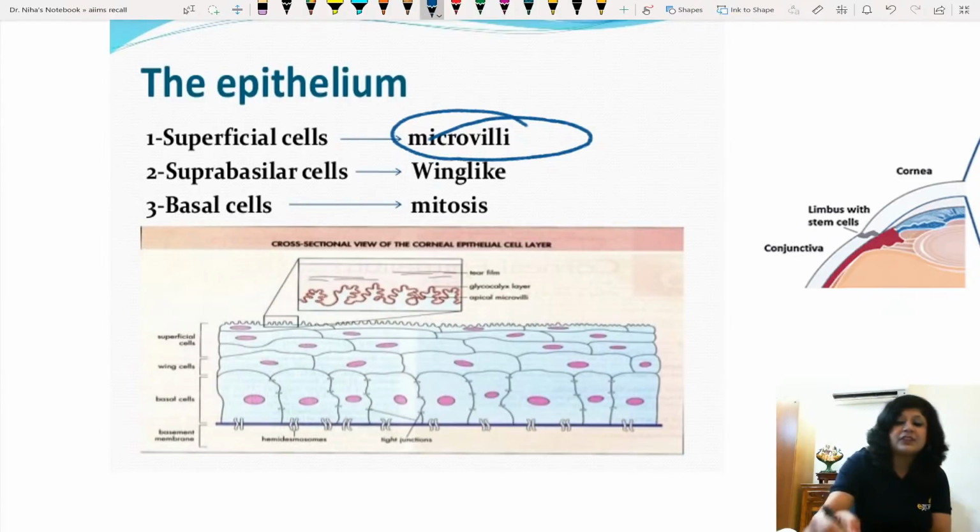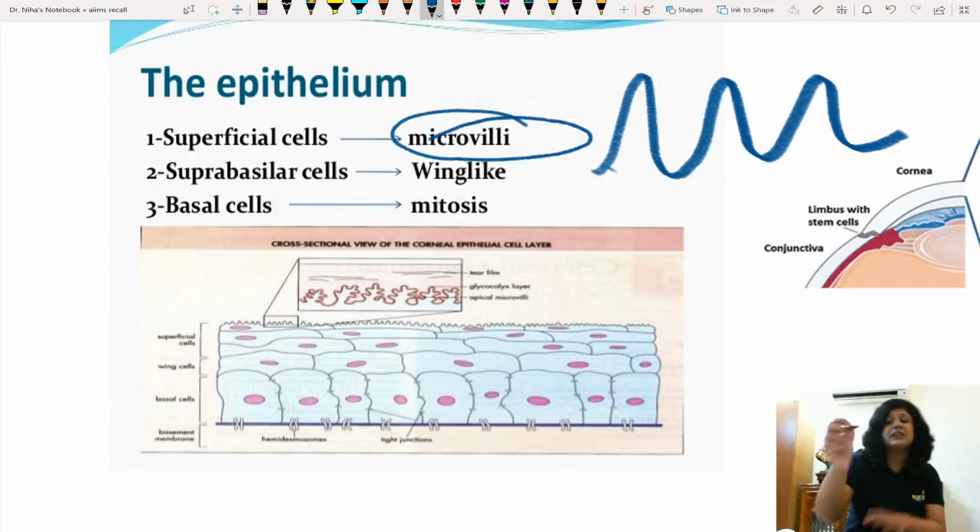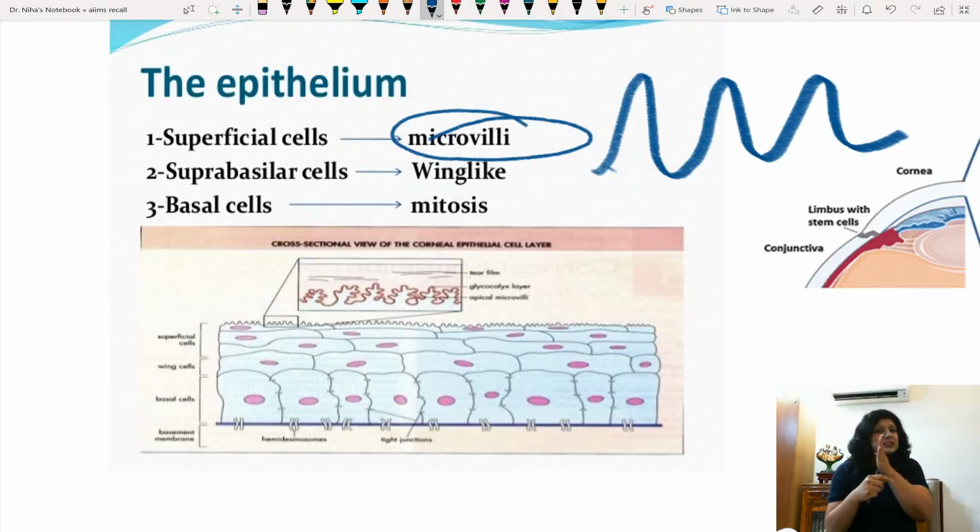And whenever we have villi, it is increasing the surface area and it is going outside to the aqueous humor. So these villi are actually coming from the cornea and they are going into the aqueous humor. Exact reason is not known, but many people say that it is going into the aqueous humor to take the nutrition, because cornea being avascular requires the nutrition from the aqueous humor.